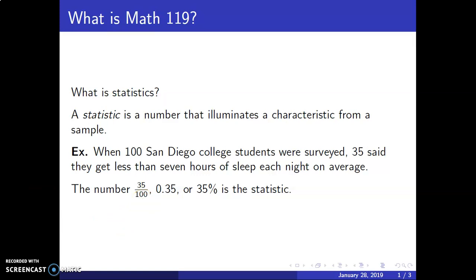That number illuminates something from this sample, and in this case, it's that many people get less than 7 hours of sleep each night on average, 35 out of 100. We could represent that same number in decimal form, 0.35, or we could use a percentage. 0.35, of course, is 35%. Any one of those, they all represent the same thing. That's the statistic here.